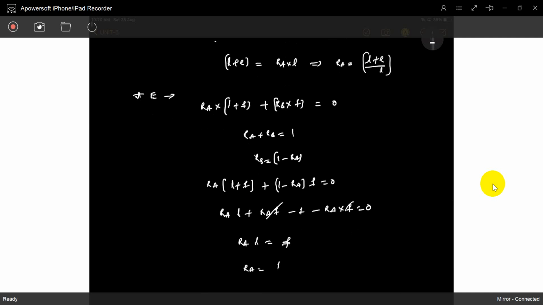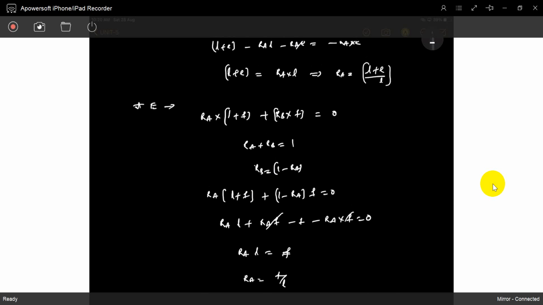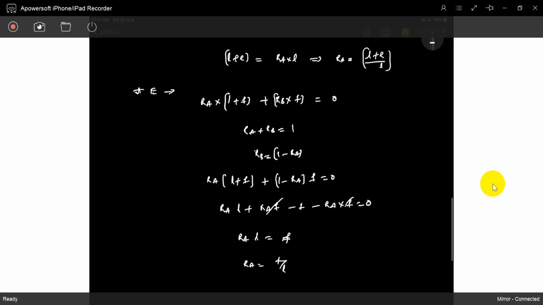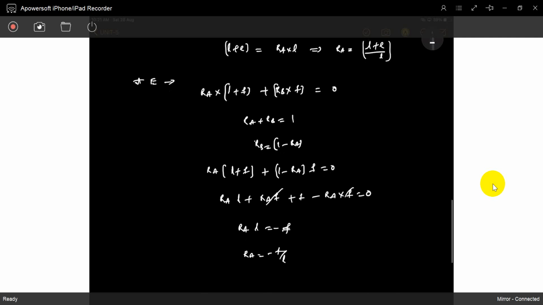Minus F by L. Sorry, this is plus F. It comes to minus. Okay, that is plus F. See it, so RA is minus F by L.